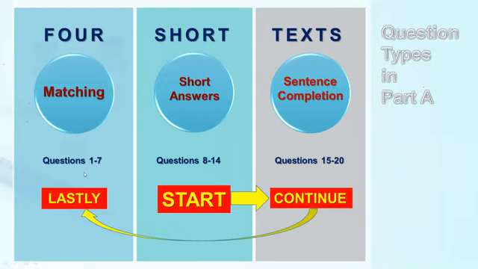This technique works because when you start answering questions from 8 to 20, you will take an overview and you will know the data or information mentioned in the 4 texts. So it's very easy to go back and start answering these 7 questions rapidly, okay? And with practice, you will find that this technique will be very helpful and supportive to you.